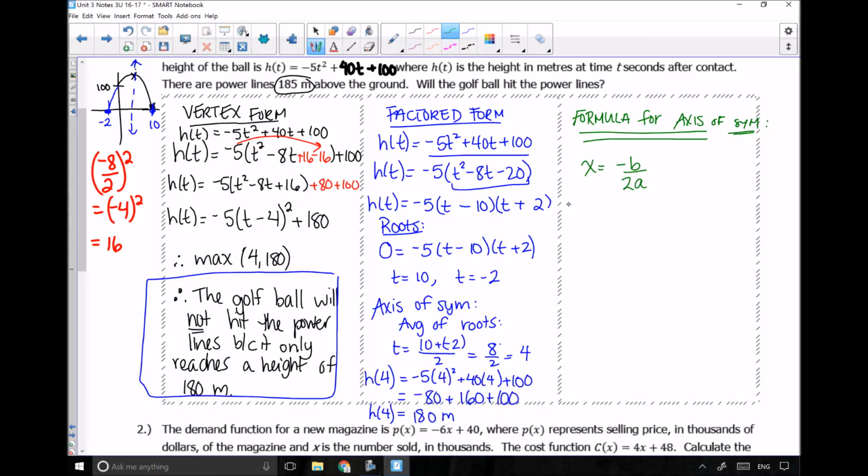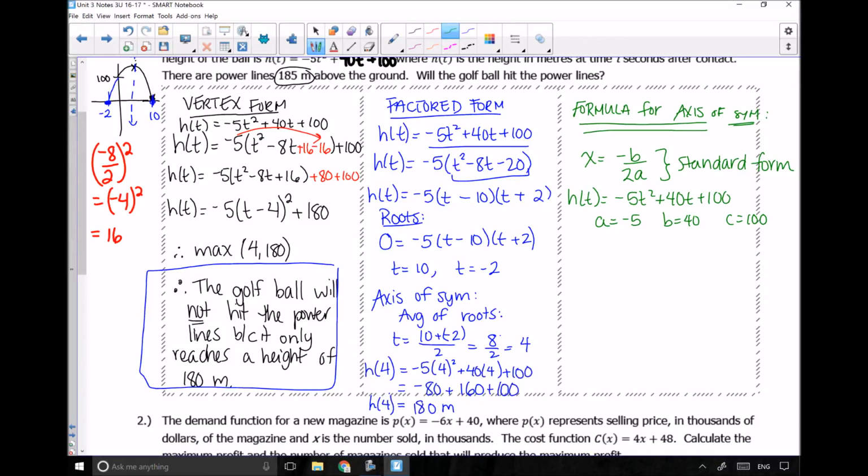Okay, so if my equation is h of t equals negative 5t squared plus 40t plus 100, I know that here a is negative 5, b is 40, and c is 100, because we use this from our standard form, which is what we had written down in our notes for the previous video.